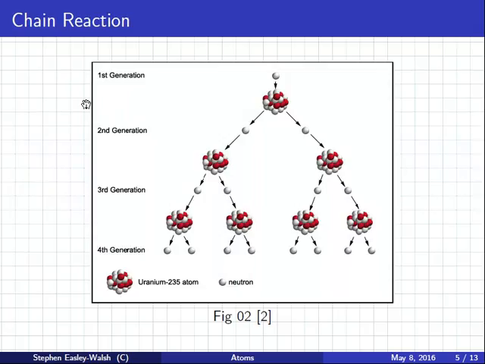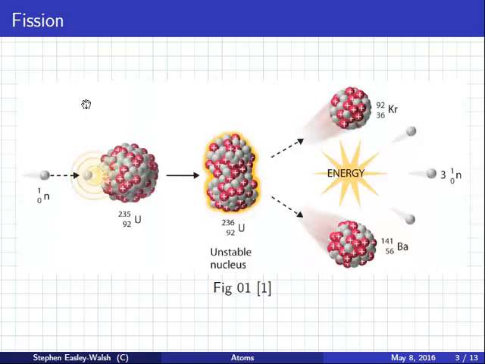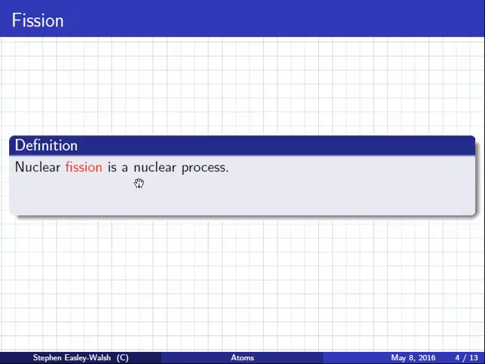Right. So, if you think about it like this, if I go back to the picture here, this one neutron can hit this and make two new atoms, krypton and barium, but 3 neutrons are free. So what if these 3 neutrons hit another uranium, like in the picture here?